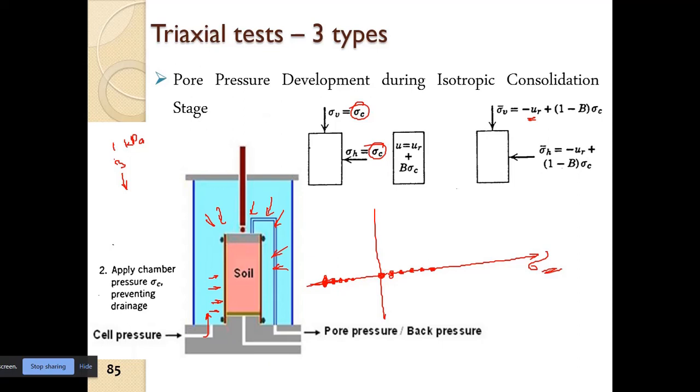Then at a particular sigma c value, keep in mind that the change in pore water pressure in this case need not be equal to the change in the total stress. We will see why that is when we study the stress path in detail.